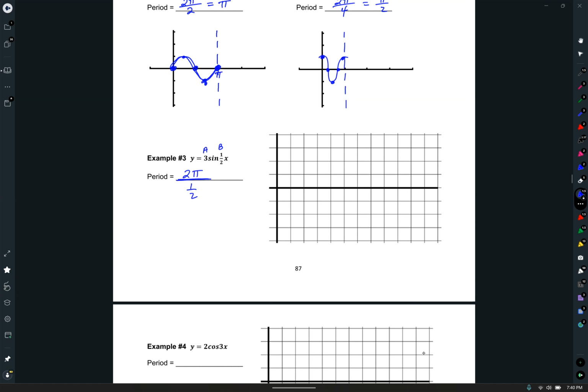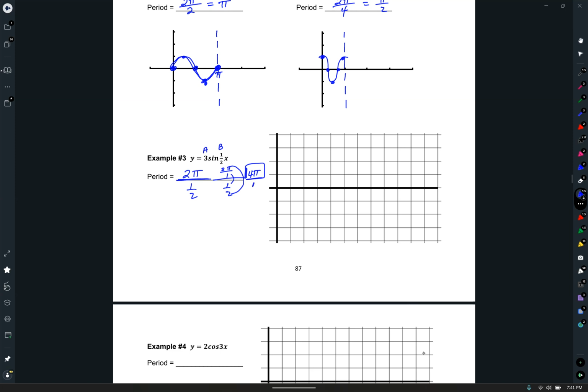I personally think the easiest way to simplify this, because this would be no calculator, is to remember that anytime you have a fraction over a fraction, this is like 2 pi over 1 over 1/2. I think the easy way to simplify is to do outer over inner, so the outermost would be 4 pi over the innermost, which is 1. So my period is 4 pi.